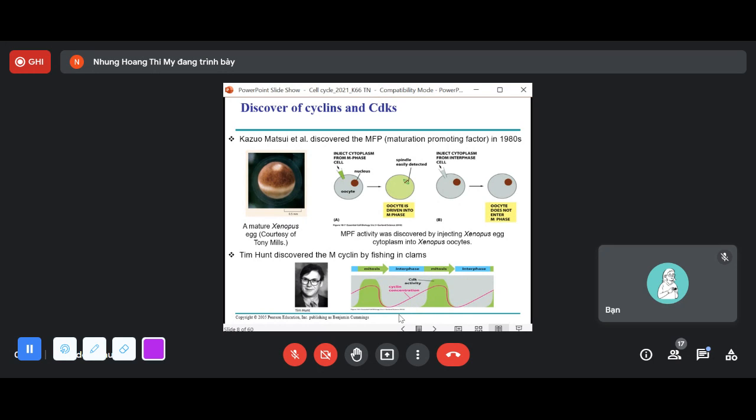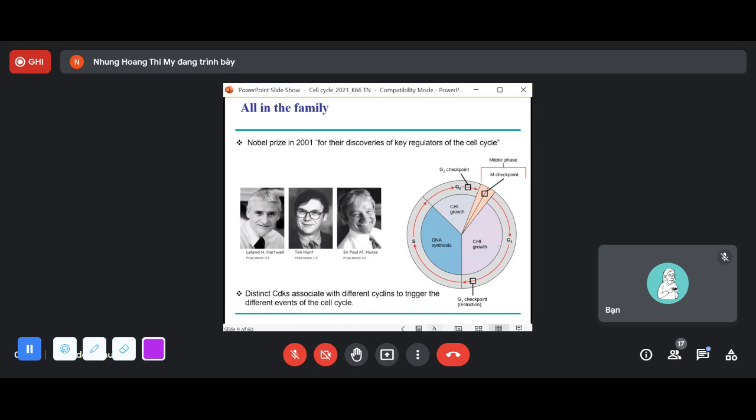But they always go together whenever the CDK has activity. The CDK here is MPF. Okay, the MPF has activity. So, in fact, the MPF that was discovered by Kazuo is a complex of the kinase and the cyclin.